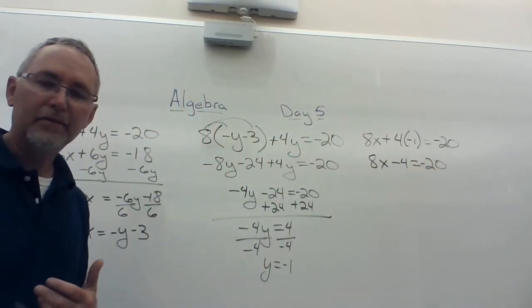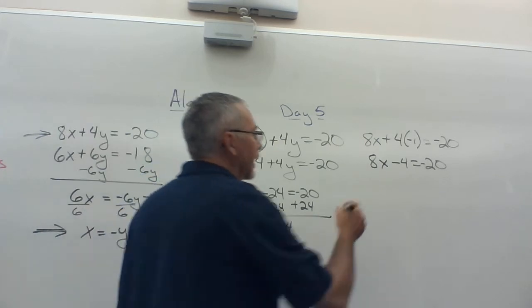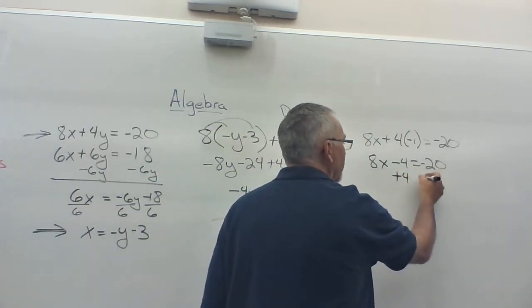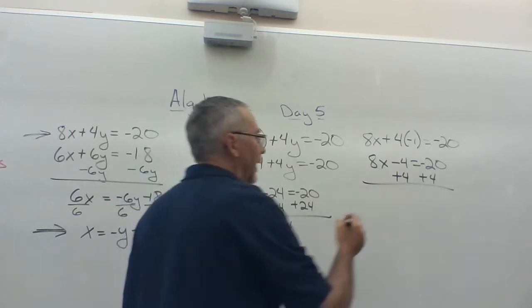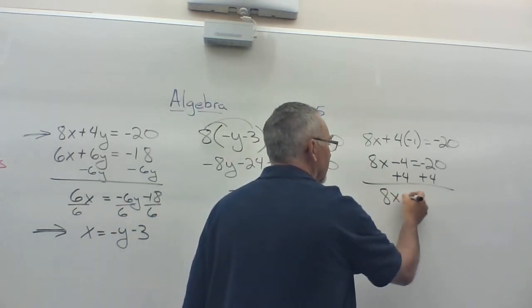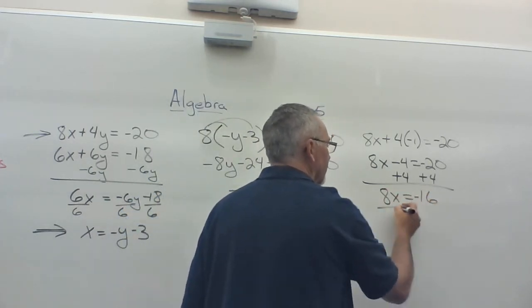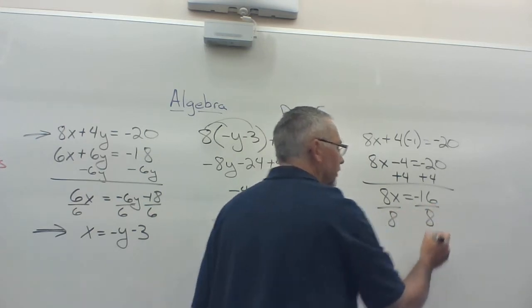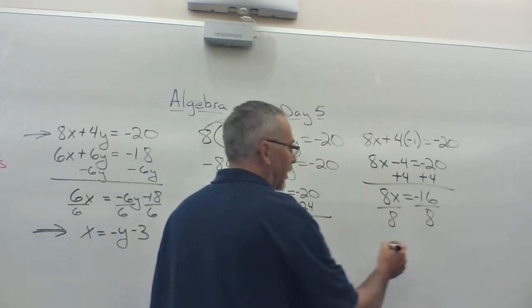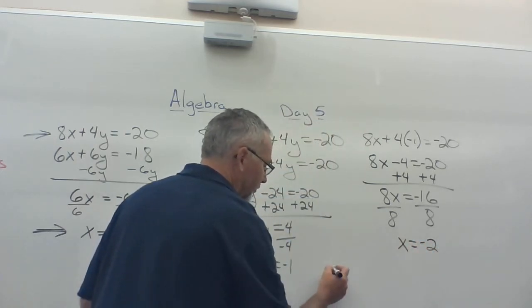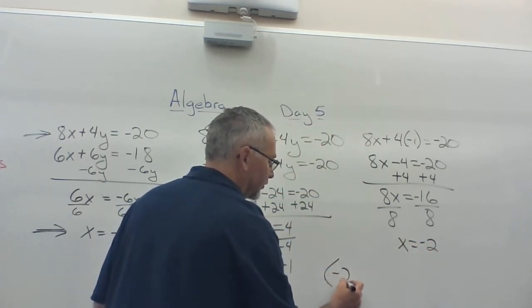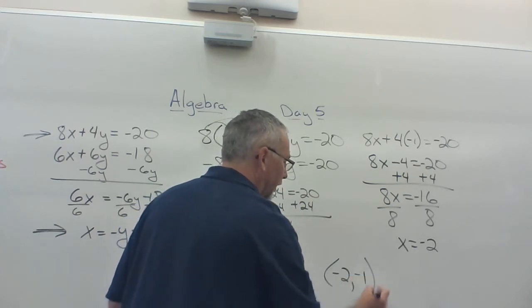Hopefully that's still making sense to you. Then I'm going to add 4. I end up with 8x is equal to negative 16. Divide by 8. Divide by 8. I have x equal to negative 2. Thus my solution is negative 2, negative 1.